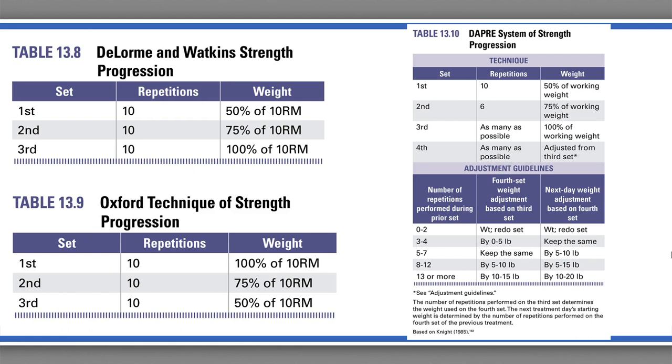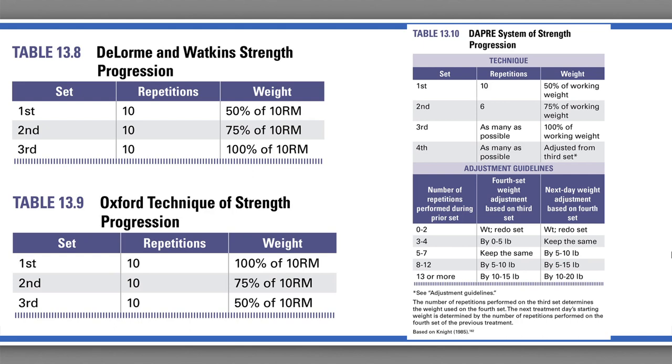And therefore, rather than seeing a progressive increase in weight, so rather than it being 50%, 75% to 100%, they actually inverted or reversed that order such that the patient begins their first set by performing 100% of 10 RM. So the weight is 100% of one's 10 RM. And they also perform 10 repetitions. So that's fixed, as is the number of sets performed.